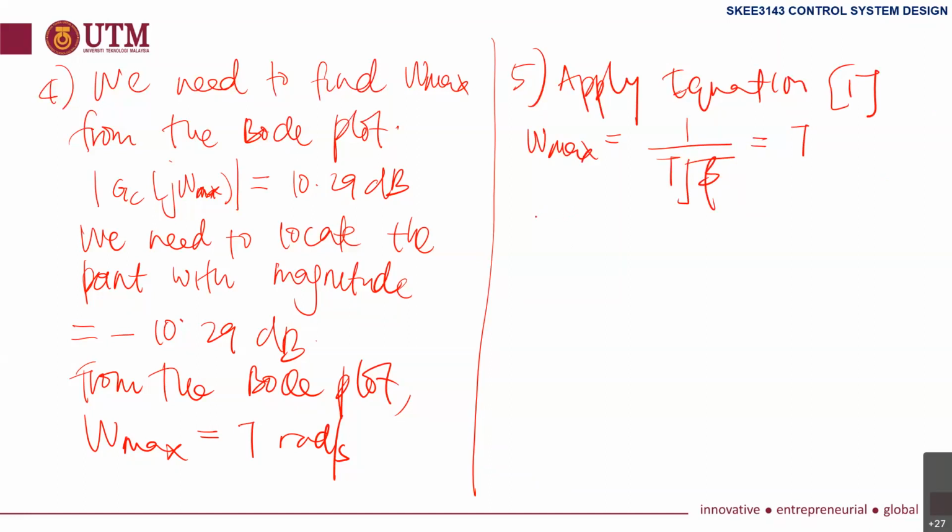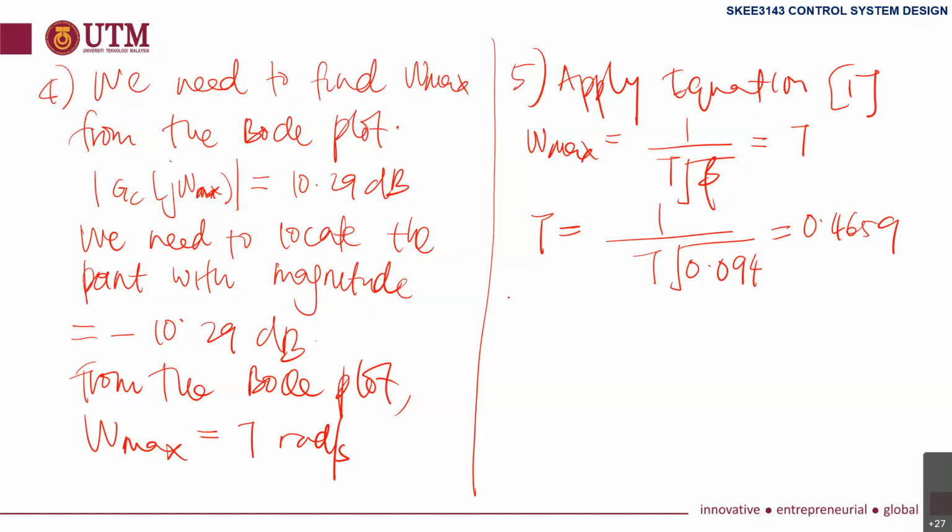Then we can solve for T. T is 1 over 7 times square root of beta, beta is 0.094. 0.4659. That is T.